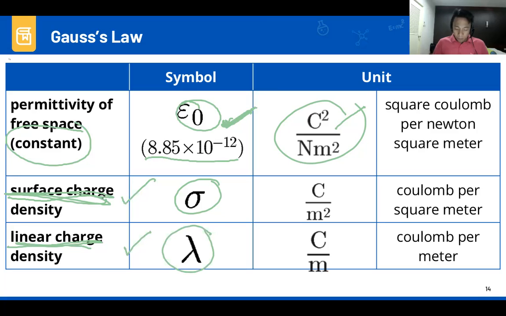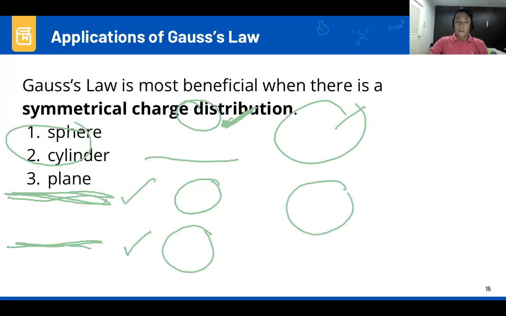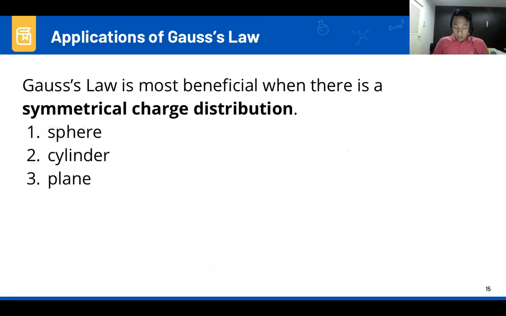Okay, so we have C over m squared for the surface charge density, and C over m for the linear charge density. So those are just the symbols and the units. These are what we call, yung sinasabi kong mga 3D objects na ating i-pursue, or we will do problem solving.